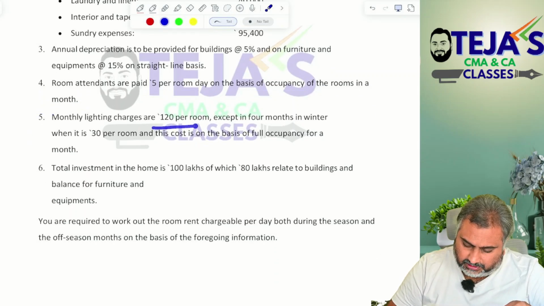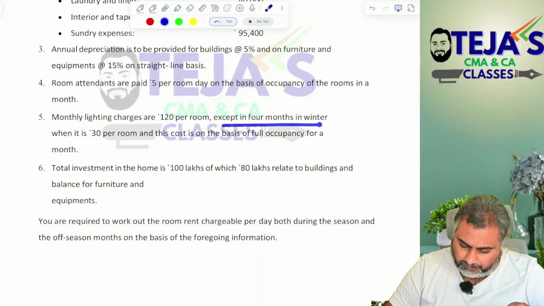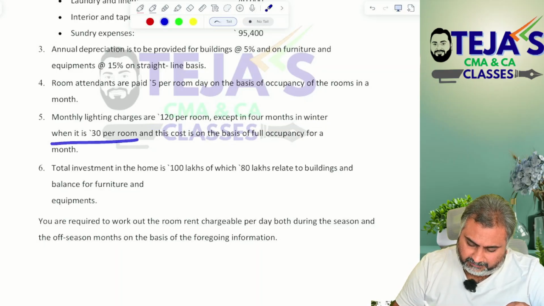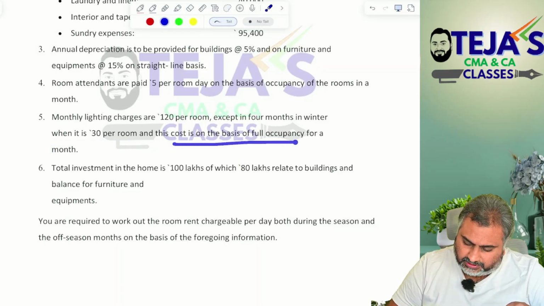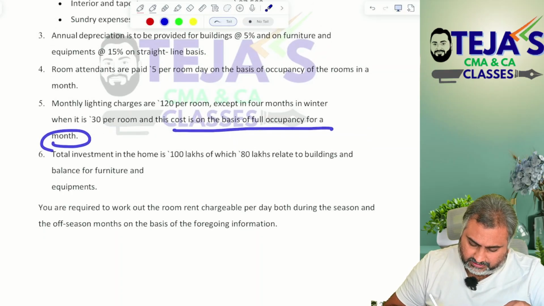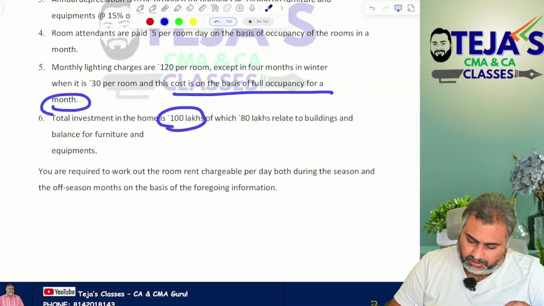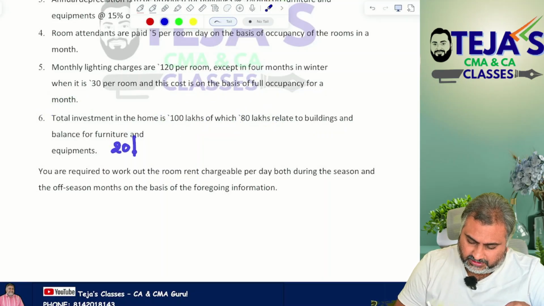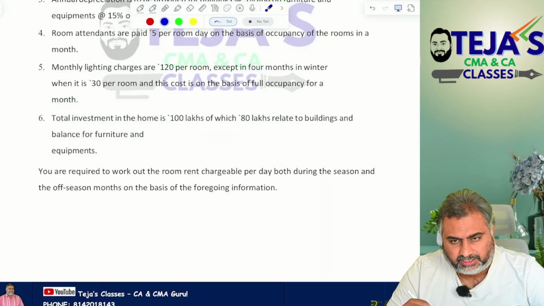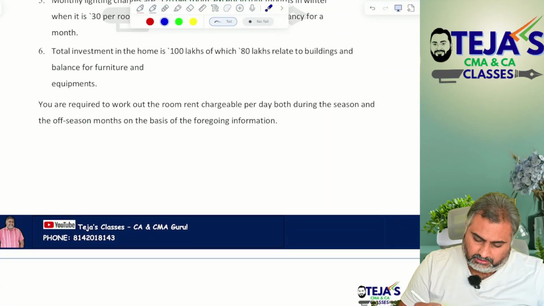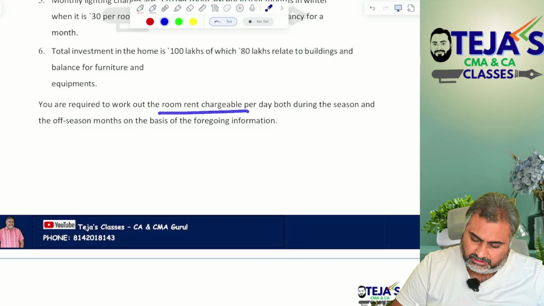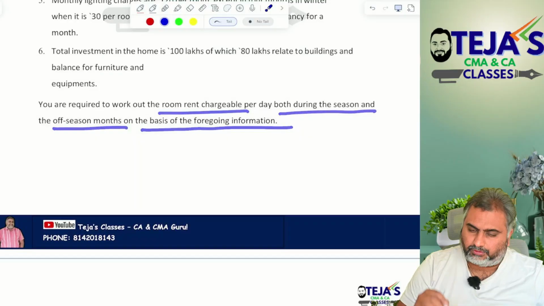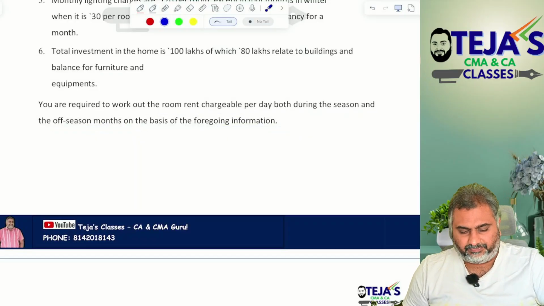Monthly lighting charges are 120 per room except in 4 months in winter when it is 30 per room. It is costed on the basis of full occupancy for a month. Total investment is 100 lakhs, in that 80 lakhs belongs to buildings, so furniture and equipment belongs to 20 lakhs. You are required to work out the room rent chargeable during season and off season months on the basis of the foregoing information.